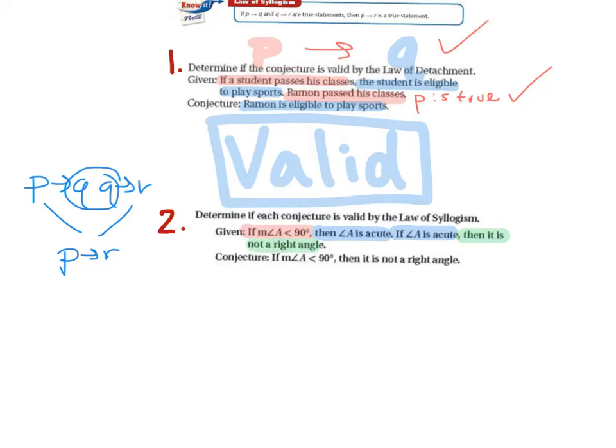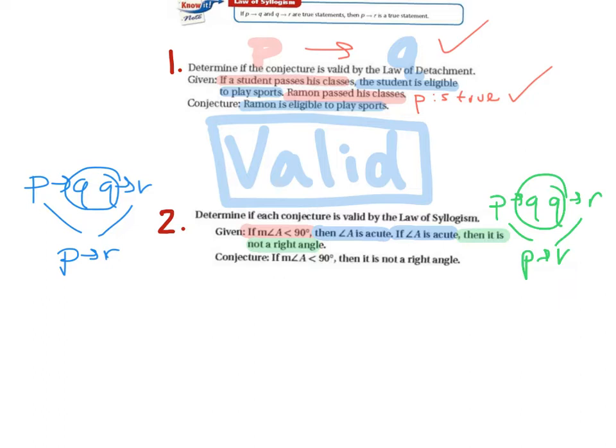So we have if P, then Q, and if Q, then R. So the two in the middle are the same, so we can say P, then R. So let's look at the conjecture.